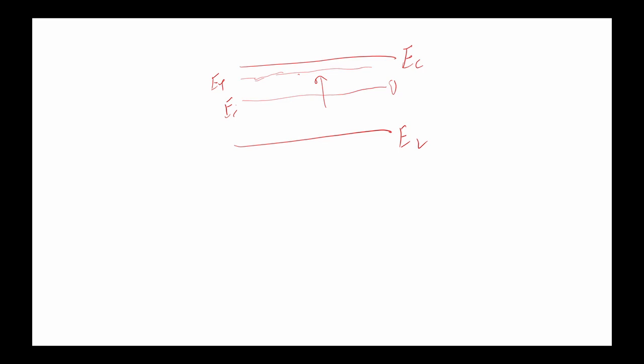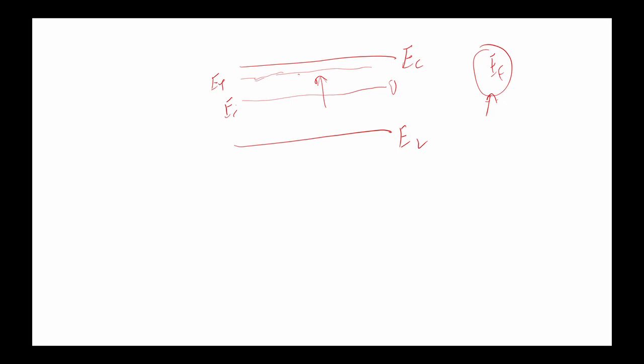For a doped semiconductor we will take Ef, not Ei. So if the trap state is very far from the intrinsic Fermi level, it is not that effective, and it won't trap the electrons that much.